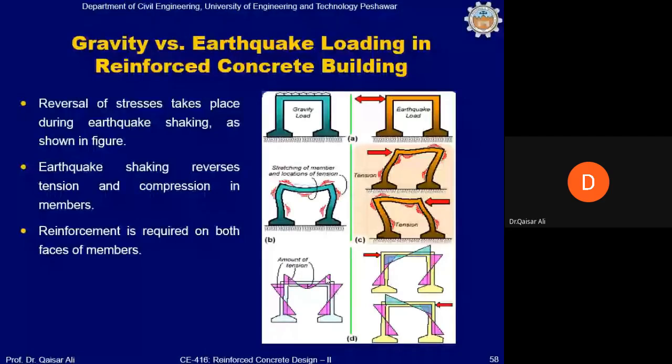On the other side of the beam, here the tensile stresses have been produced due to this bending moment. So this bending moment must be added to this bending moment, which is produced due to earthquake when the frame moves to the left. And the tensile stresses in the upper fibers of the beam will be produced due to this combined action.